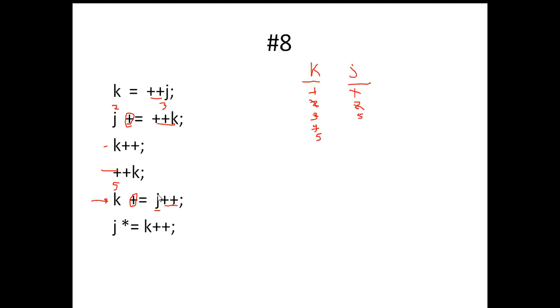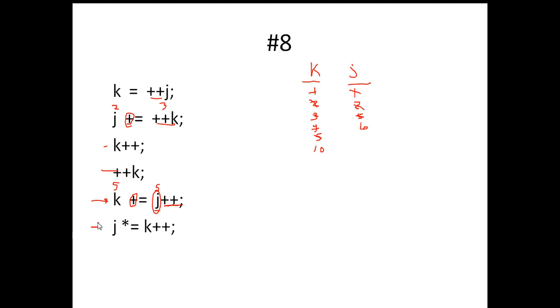So J is 5 before it gets incremented. 5 plus 5 is 10. So K is assigned 10. Now that we've used J, we increment it, and J becomes 6.